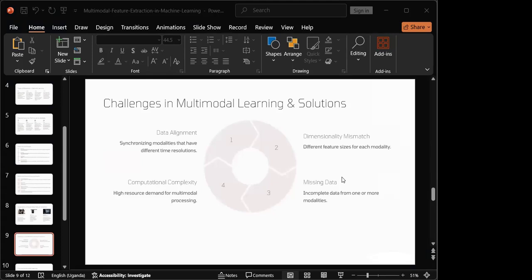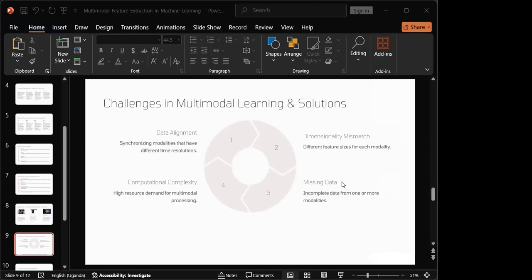We have the challenges that are faced in multimodal learning and probably the solutions. We have what we call data alignment. Now, I'll give an example. Probably most people have faced watching a movie with subtitles where either the video is ahead of the subtitles or the subtitles are ahead of the movie. They are not parallel, unlike when you're watching a movie where the action, the video, and the audio correspond.